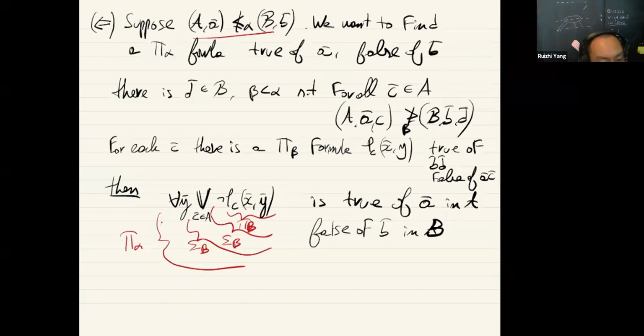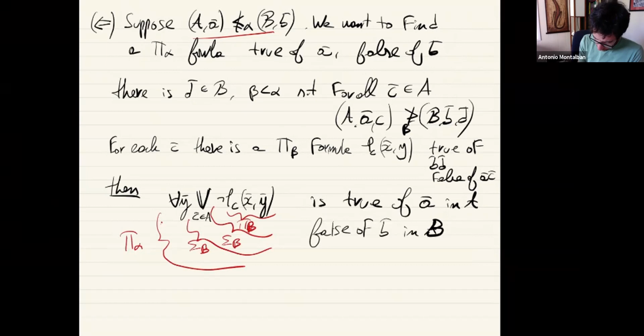Is the whole disjunction sigma beta? Every phi C is pi beta. When you take the negation, it becomes sigma beta.